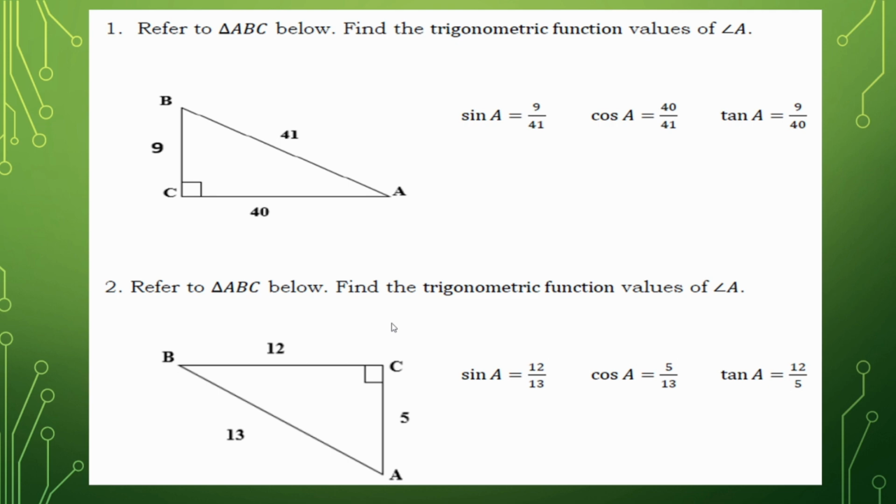Opposite over hypotenuse: our hypotenuse is 13 and our opposite is 12, so 12 over 13. CAH, adjacent over hypotenuse: we have 5 as our adjacent side and 13 as our hypotenuse, so 5 over 13. The last one is TOA, tangent A, opposite over adjacent, which gives 12 over 5.